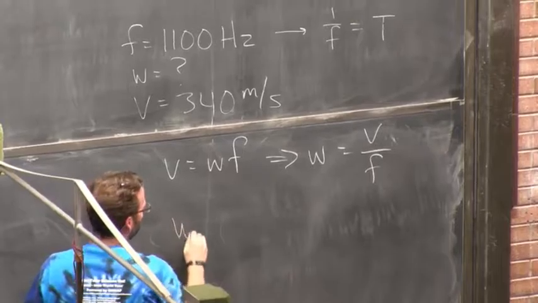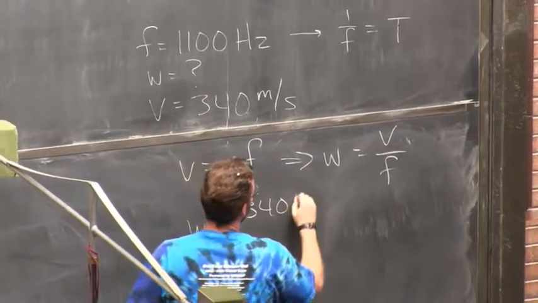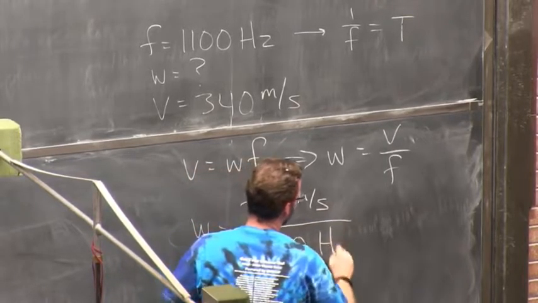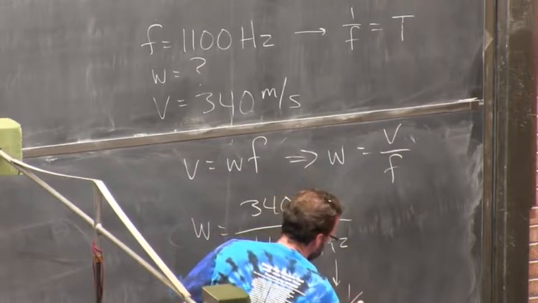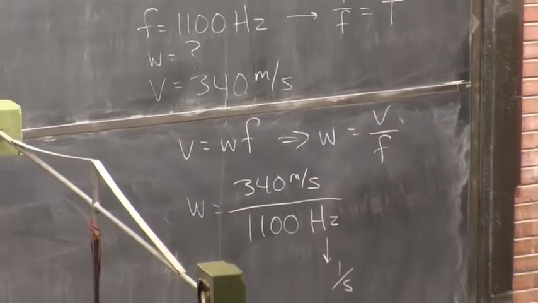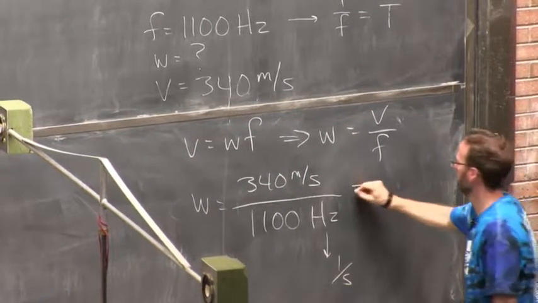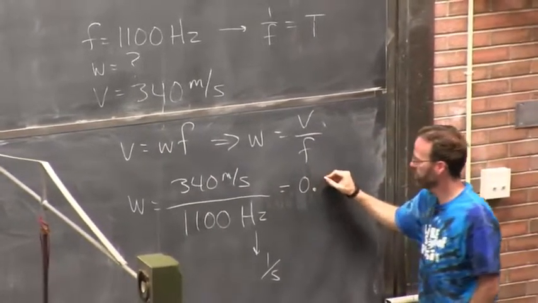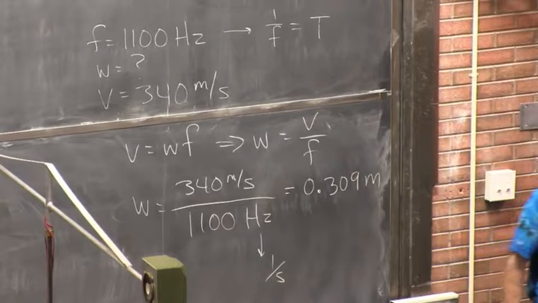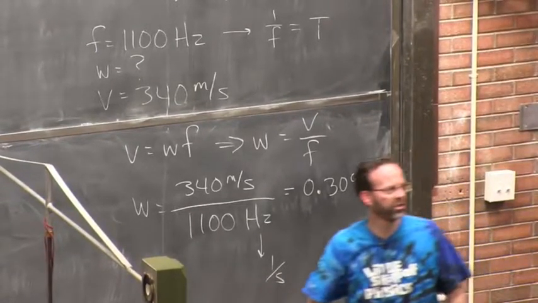That's what we'll do. 340 meters per second divided by 1100 hertz. Remember, a hertz is 1 over second. I didn't bring a calculator. Anybody have that? 0.309. There we go. It's a third of a meter, the wavelength.